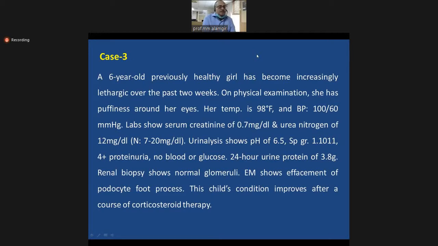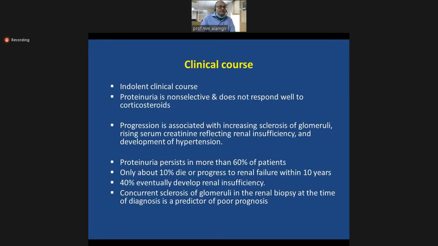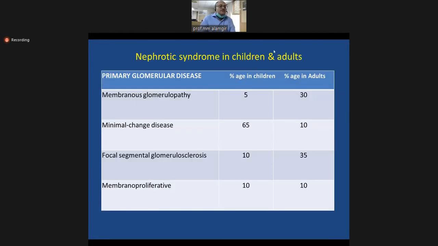So this is again a case of nephrotic syndrome, but this time in a child. And you may recall from that table, here again we may go back to the table, that the commonest cause of nephrotic syndrome in children is minimal change disease.